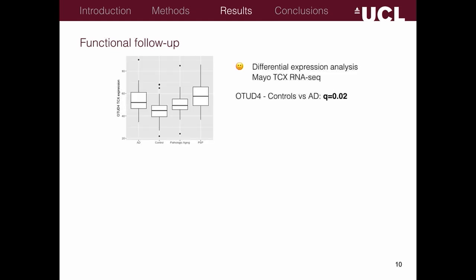And so we first turned to the Mayo Clinic temporal cortex gene expression dataset, and we found that the expression of OTUD4 is upregulated in the brains of patients with Alzheimer's disease, specifically in the temporal cortex, which is the closest region we could find to the CA3 field of the hippocampus.